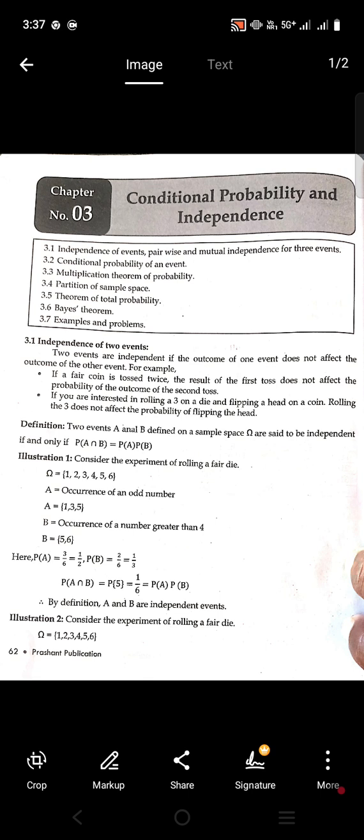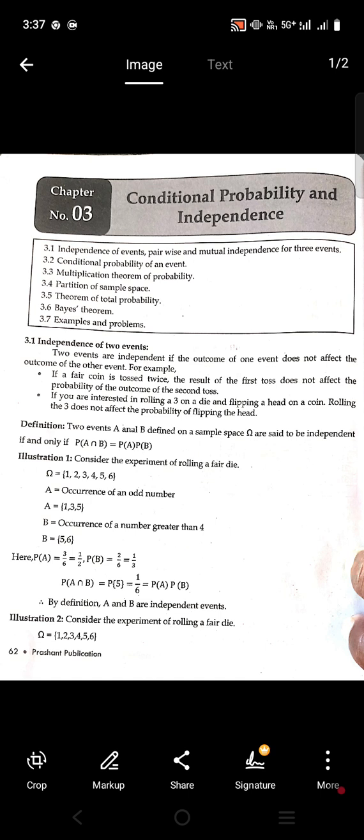B is the occurrence of a number less than 3, and the numbers less than 3 are only 1 and 2. Then we find the probability of event A intersection B.